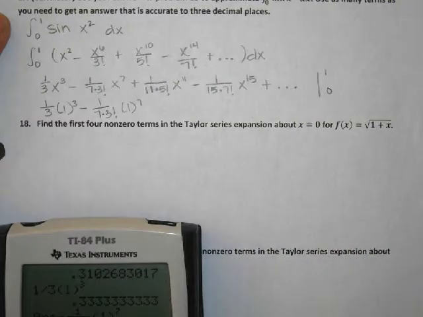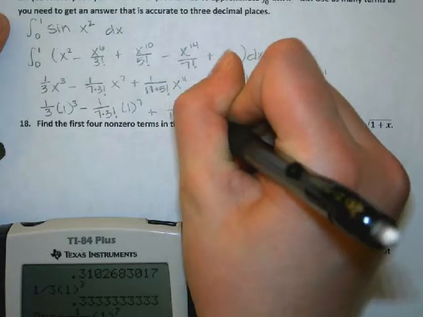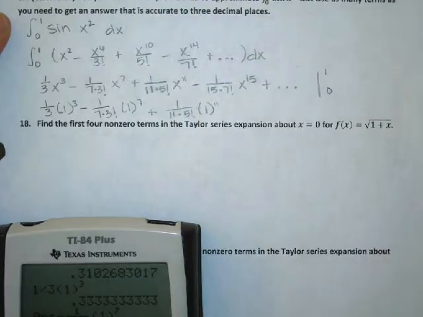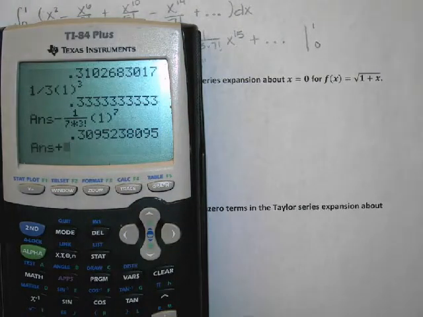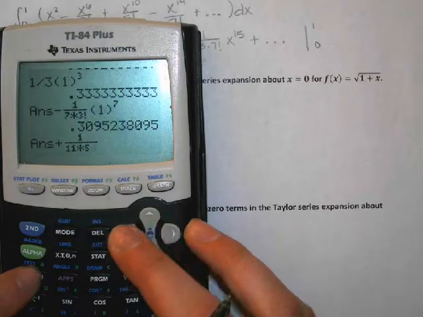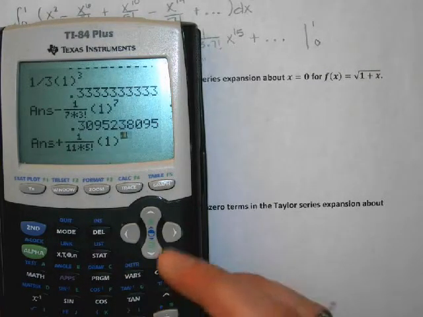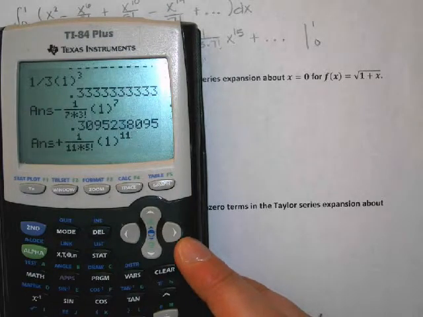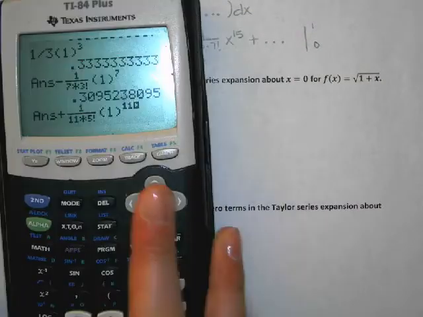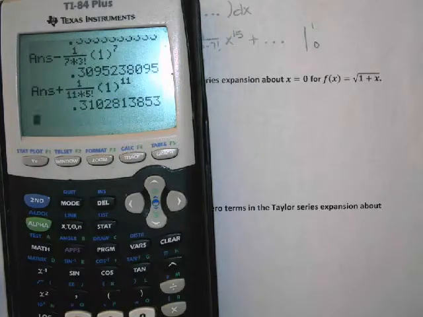I mean, that's rounded, yeah. Plus times 1 to the 11th, because it's going to change it. Did I type that right? Ta-da! There we go. So we only needed 3 terms to make that happen.